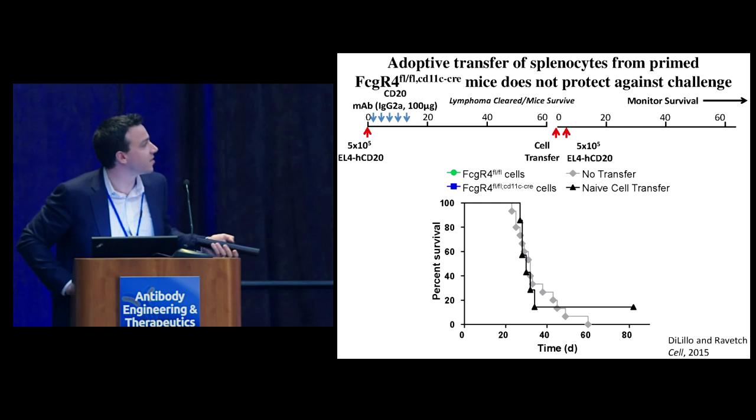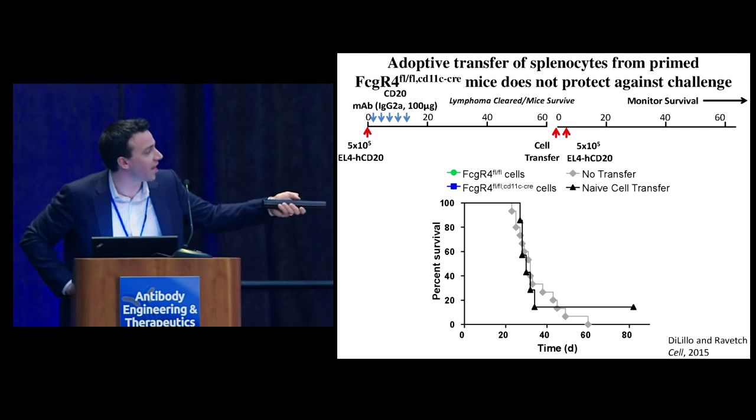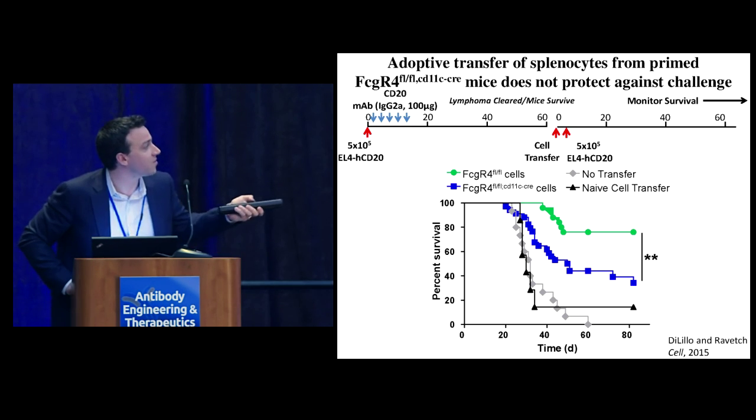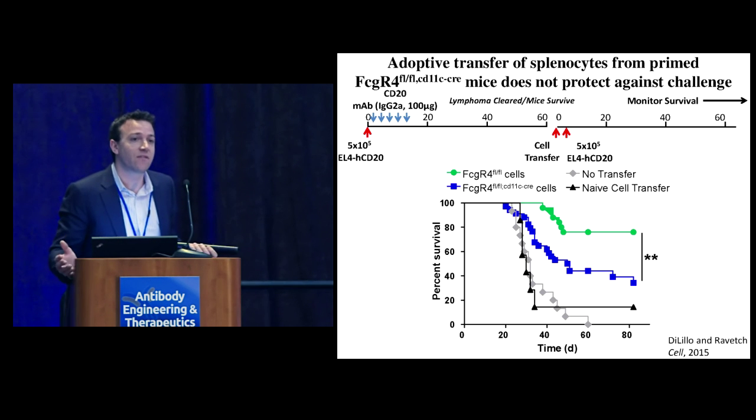Again, if you do no transfer or transfer naive cells, you don't see any survival. If you transfer primed cells from the FcγR4 flox mice, the control mice, you see a vaccinal effect that you've adoptively transferred. And if you transfer cells from the CD11c Cre FcγR4 flox mice, you can see a significant impairment of the vaccinal effect, again demonstrating that FcγR4 expression by dendritic cells is required to initiate that vaccinal effect in mice.